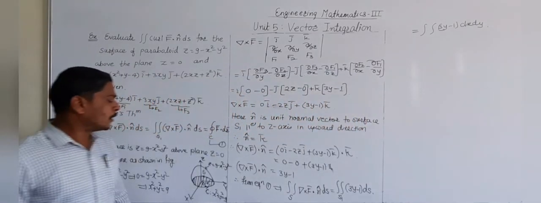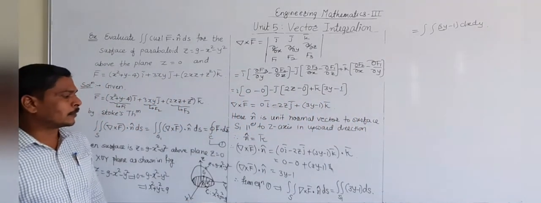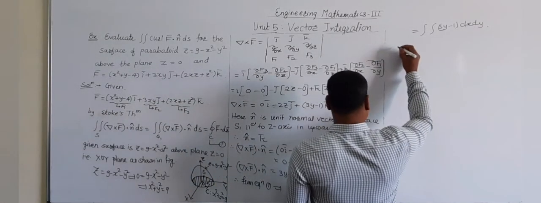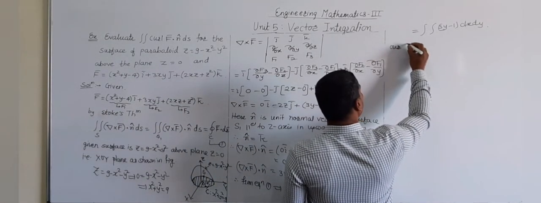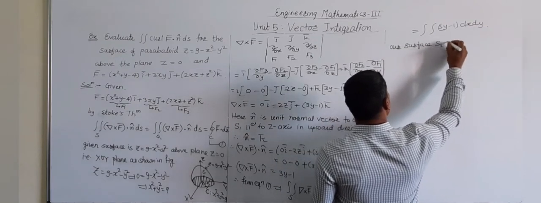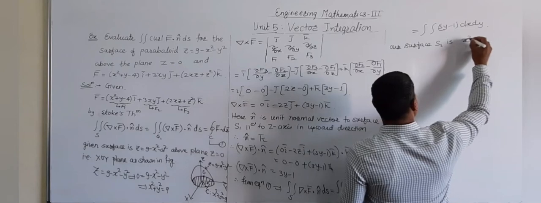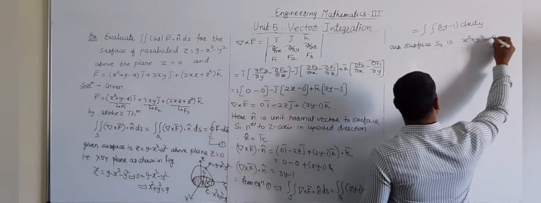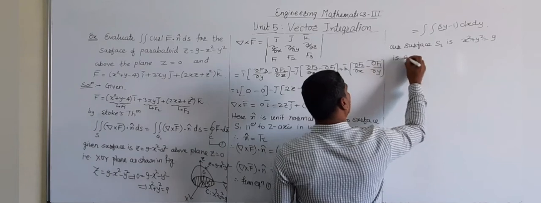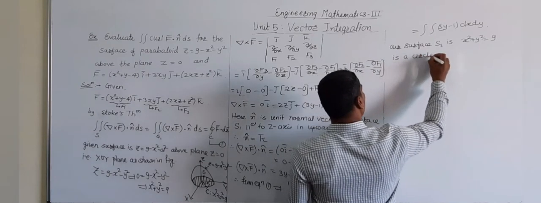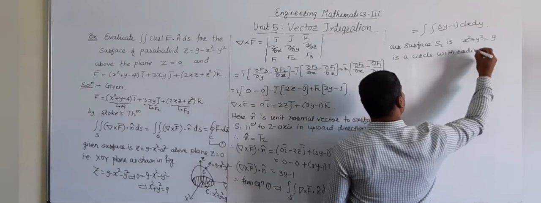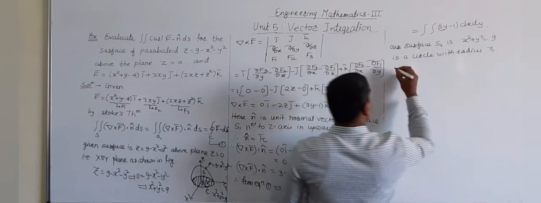So the surface S1 is on the XY plane, right? So this is in 2D. So our surface S1 is x square plus y square is equal to 9, a circle with radius 3.